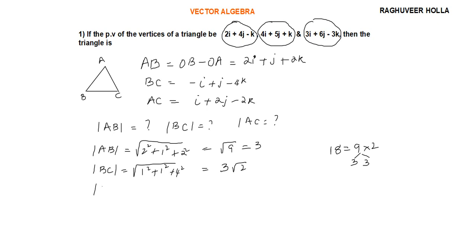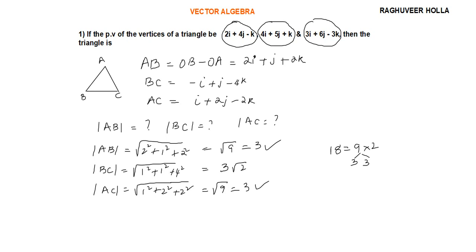Now let us find AC. Okay, what is AC here? AC we get as 1 square and 2 square, and 2 square again. So that is again square root of 9, which is 3. So what we find is that the lengths, or the magnitudes, of AB and AC are equal.